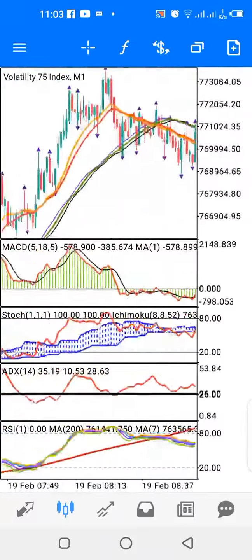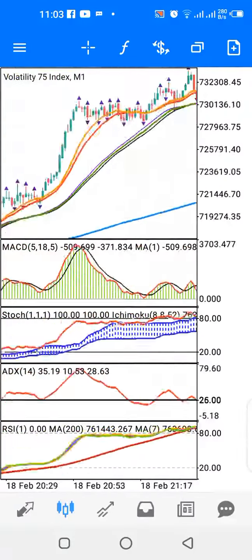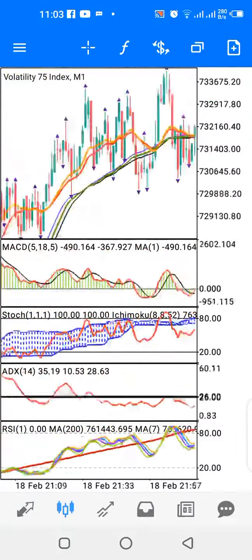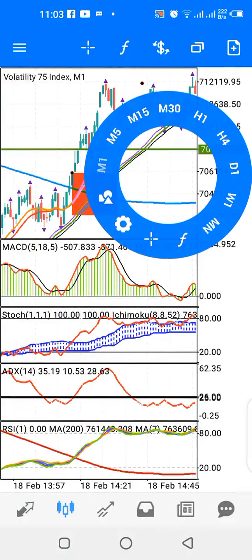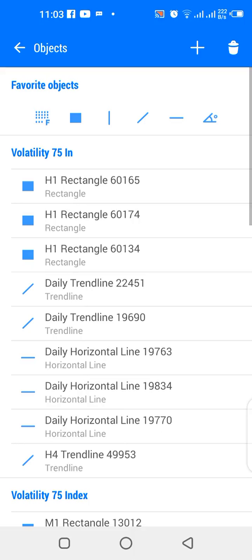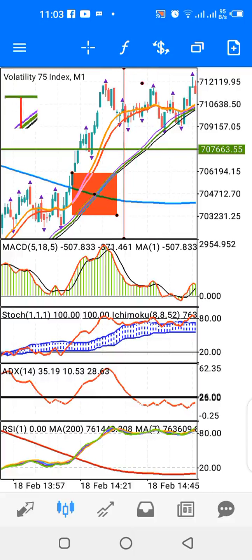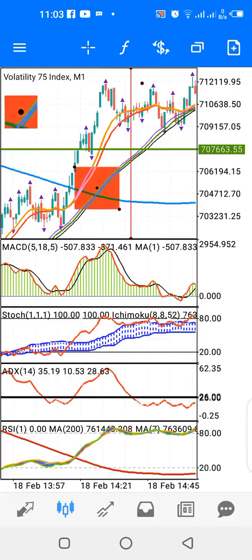I want to do some measurement. Okay. Let's assume that we place our buy trade after all this line cross above the blue line here, around here.